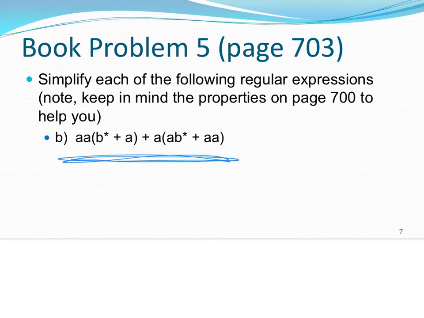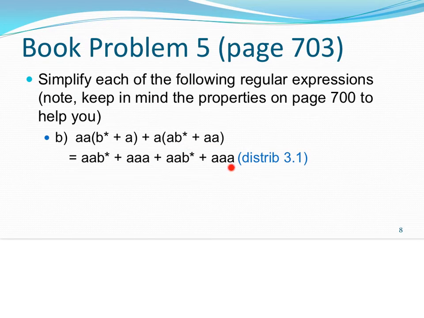Let's do that step by step, where every single step we're going to justify it with one of those properties from page 700. So here you can see that I kind of multiplied out. I used the distributive 3.1 rule to say, well, AA times B star plus A is actually AAB star plus AAA, and A times AB star plus AA is this thing.